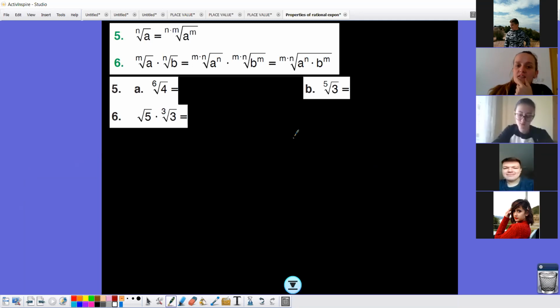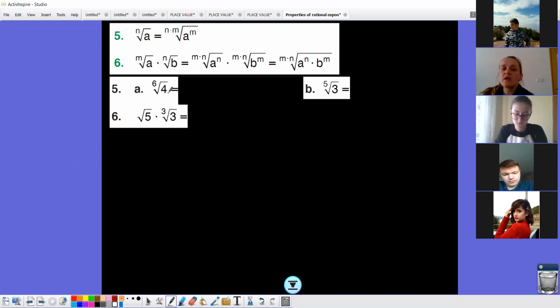Okay. So let's see also these 2 properties. If you want to change the root, for example, this nth root of a, to another root, you can multiply the index of the root with a number that you want. But when you multiply the index of the root with a number, you need to take also the power of the radicand inside with the same number.